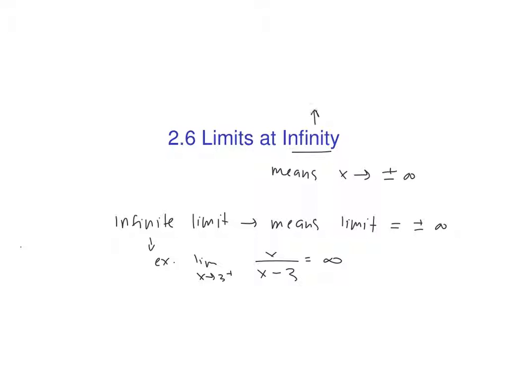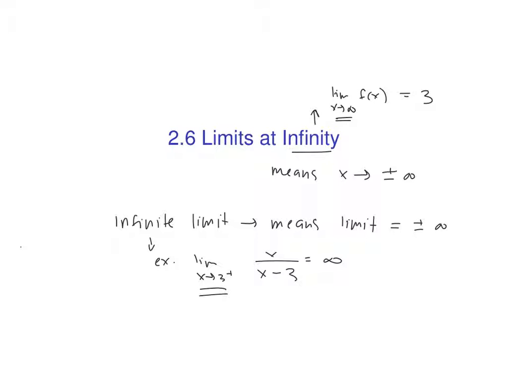Versus the limit as x goes to infinity of a function is equal to something like 3. So in this one, you're plugging in numbers that are closer and closer to 3, right? If your limit's going to infinity, you're plugging in numbers that keep getting bigger and bigger.